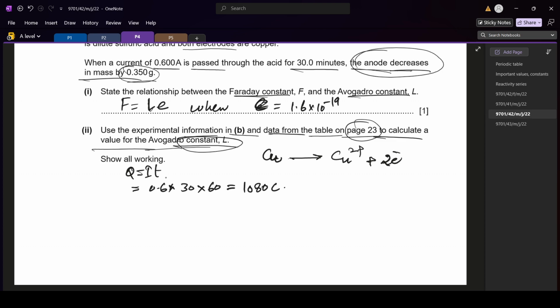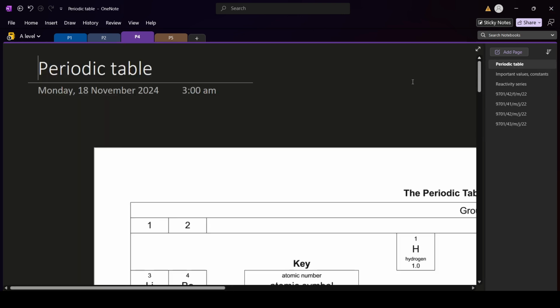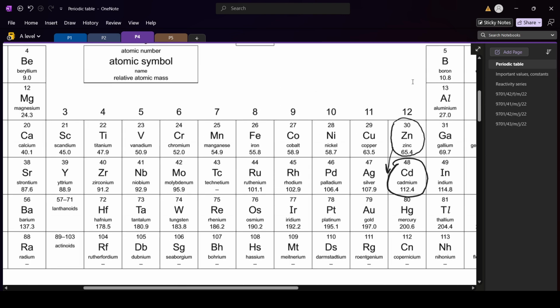Now the mass of the anode decreased by 0.35 grams, so let's convert this into moles. So n of copper 2 plus ions is equal to 0.35 grams divided by the mass of copper, which you can see from the periodic table is 63.5.